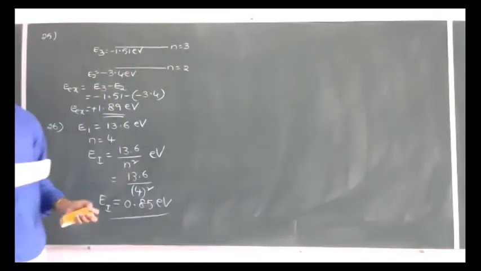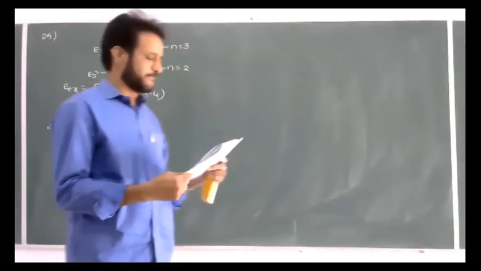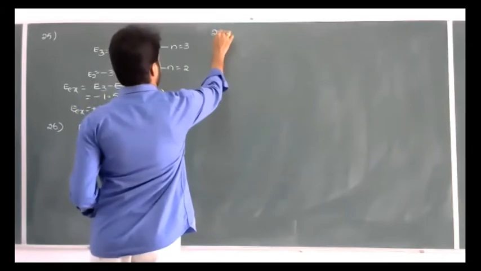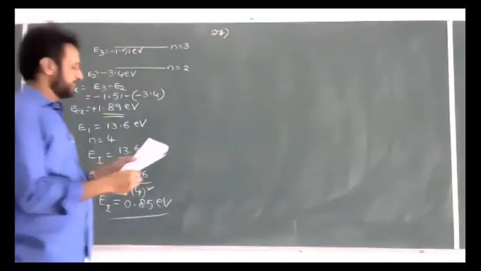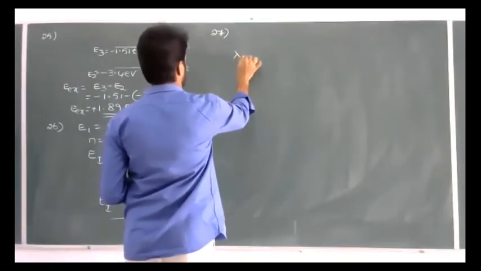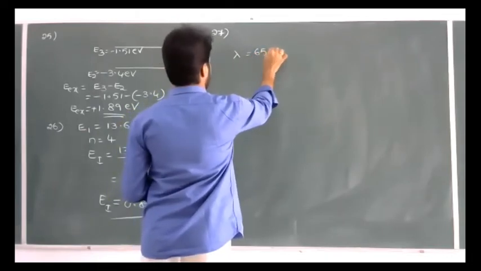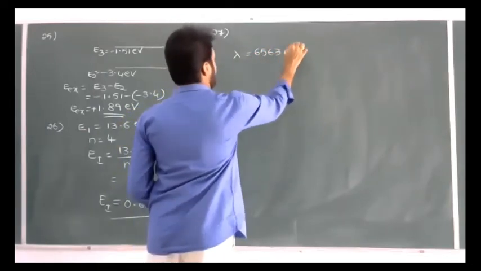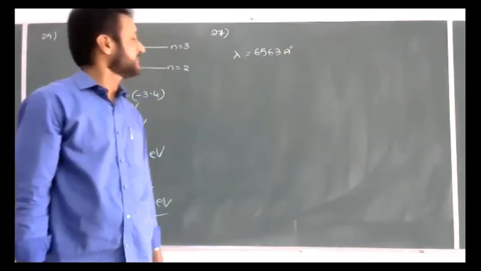Next, question number 27. The first line of the Balmer series has a wavelength of 6563 angstrom unit.